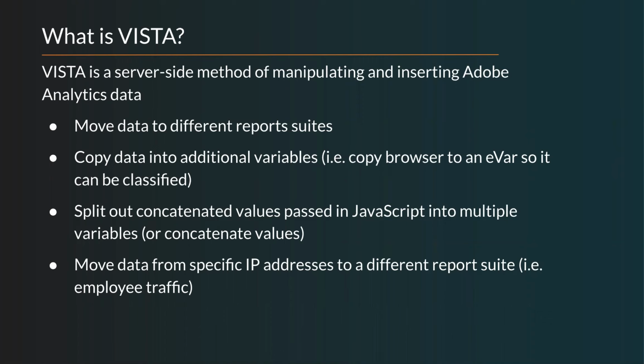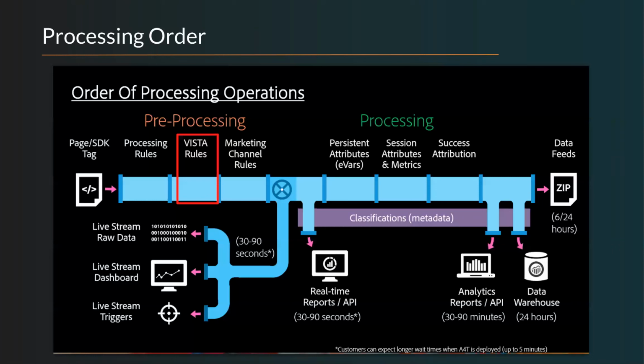Now, in terms of the way that Adobe processes information, I'm sure this has been updated. This is an old diagram that I found. I don't know exactly how old this is, but as you know, there's an order of operations in which data is processed in Adobe Analytics, starting with tags coming in, then the processing rules, and so on.